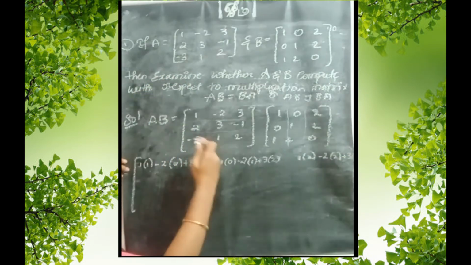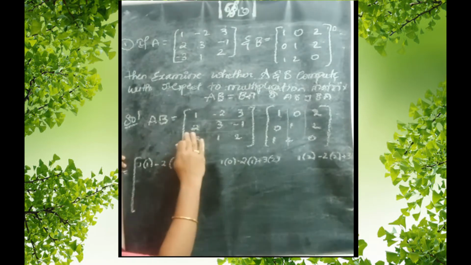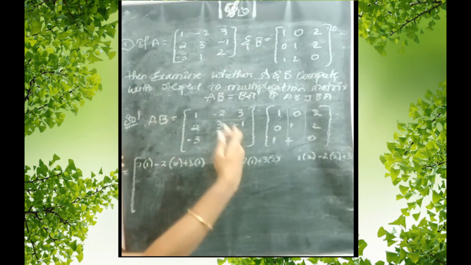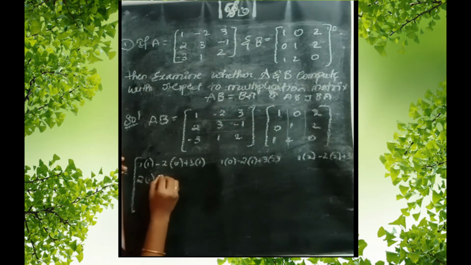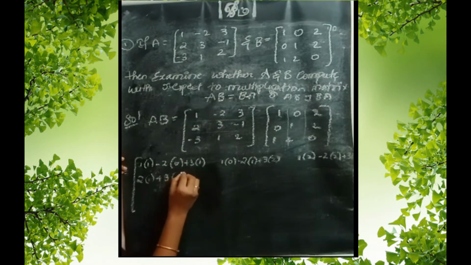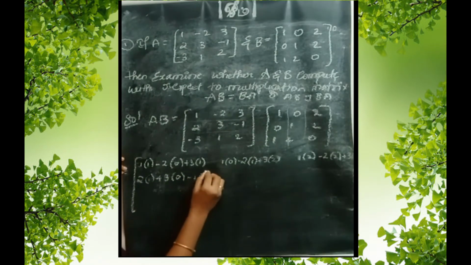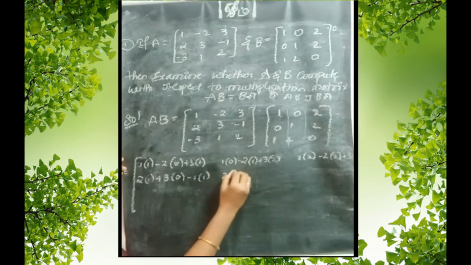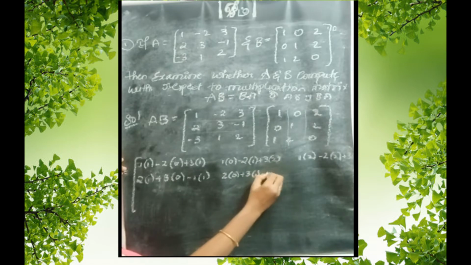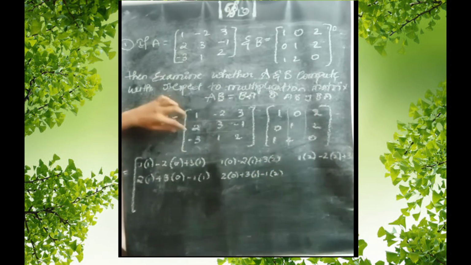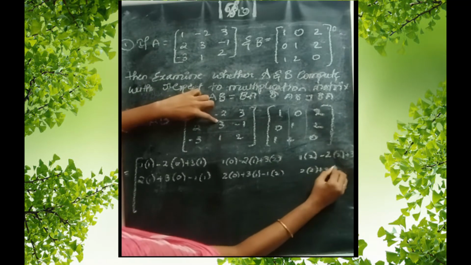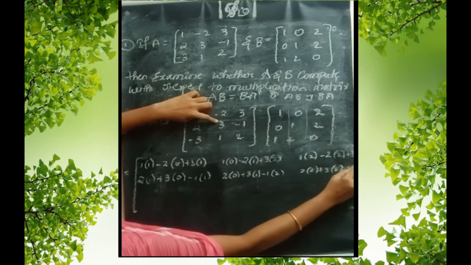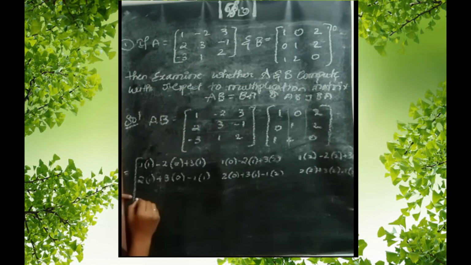Now the second row will be multiplied with every column of the second matrix. 2 into 1 plus 3 into 0 minus 1 into 1. 2 into 0 plus 3 into 1 minus 1 into 2. 2 into 2 plus 3 into 2 minus 1 into 0.